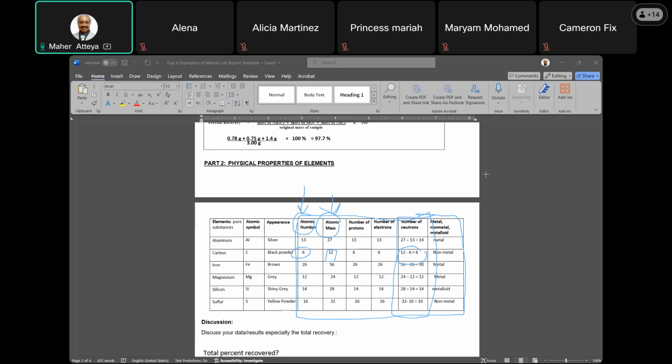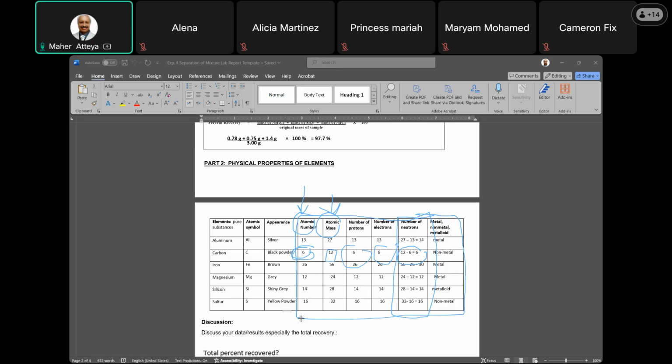The number of electrons and protons equals the atomic number, 6, 6, 6. No change. Now ask yourself, is it a metal, non-metal, or metalloid?